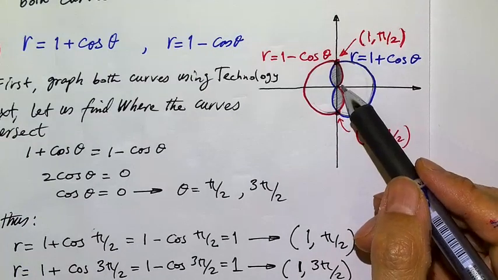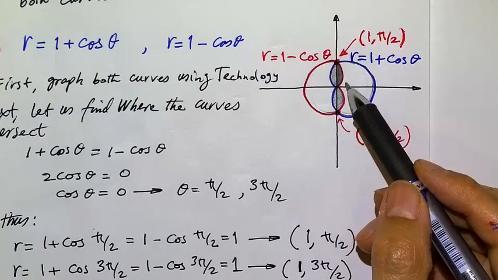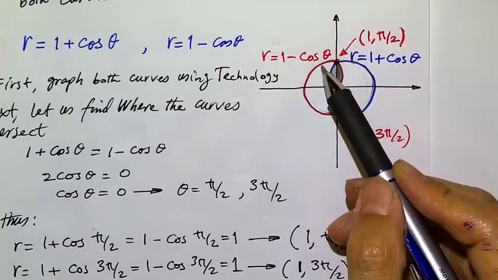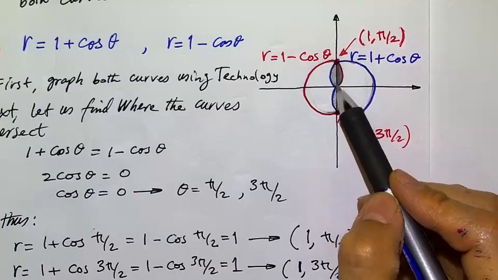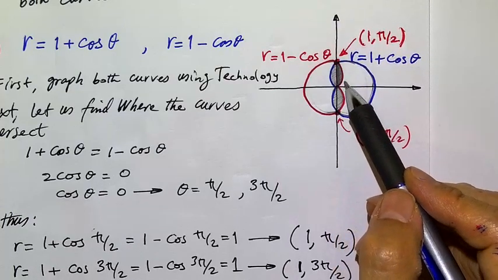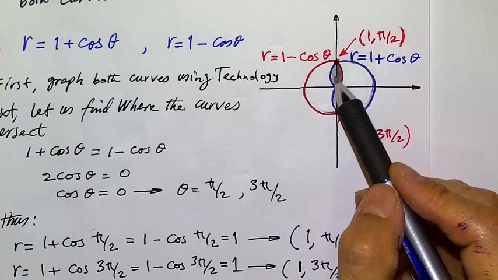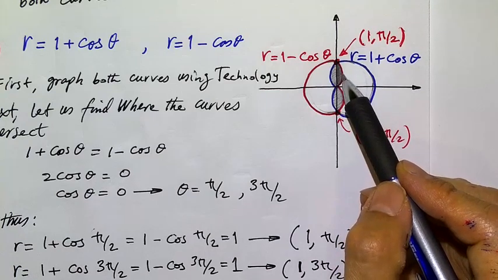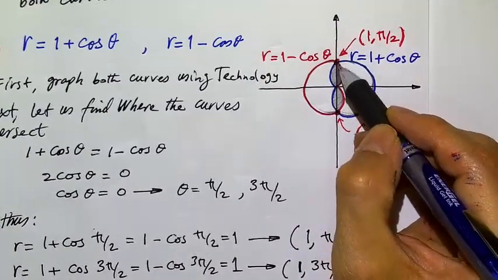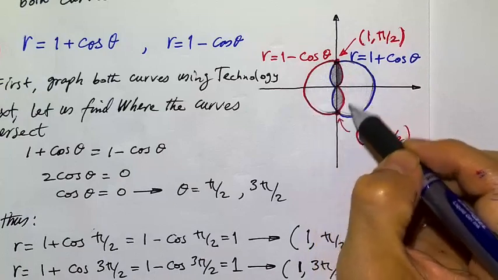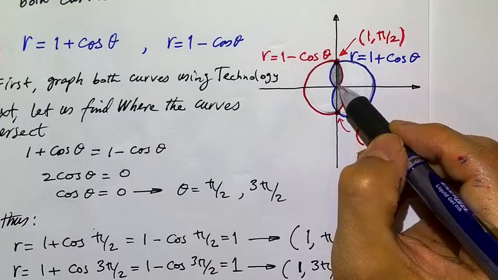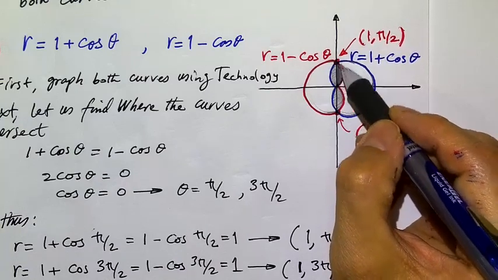So if we integrate, let's say 1 minus cosine theta, this one, from 0 to pi over 2, then that piece, from here to here, for the curve drawn in red, would give us that piece.